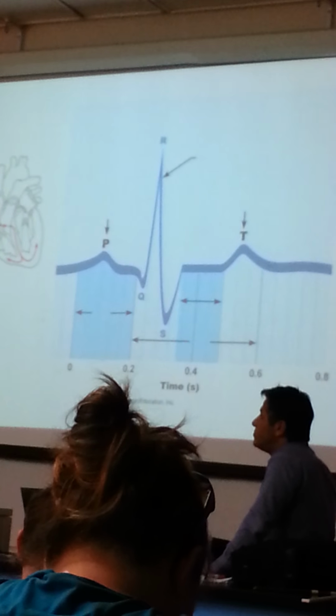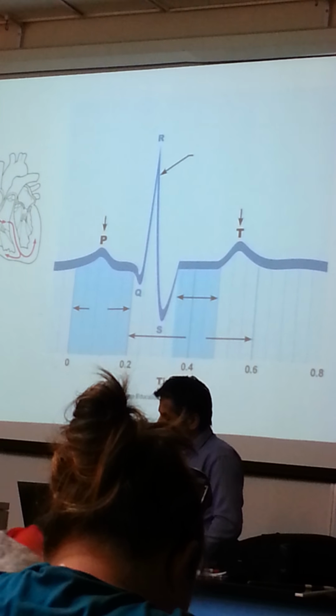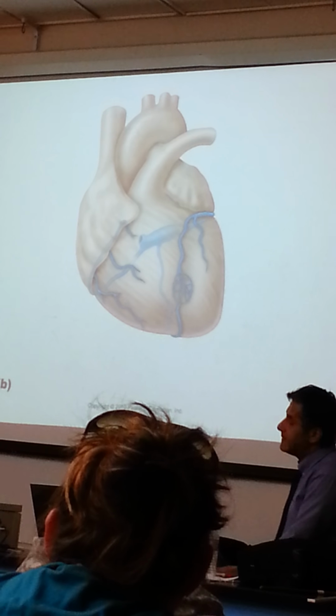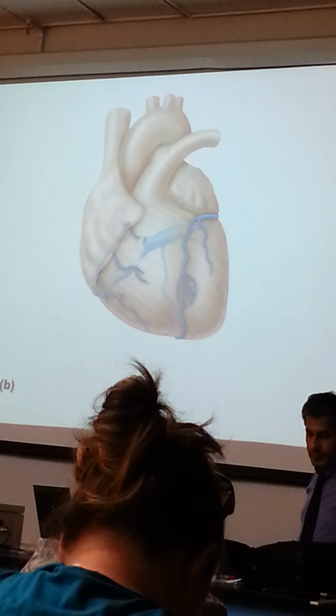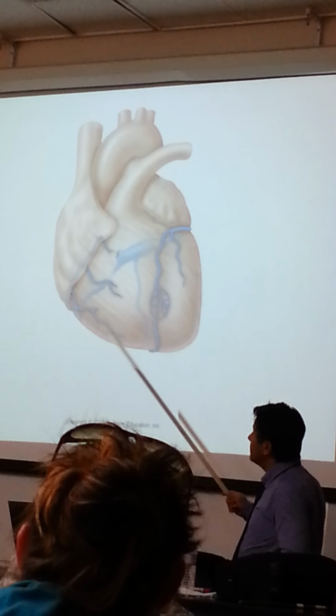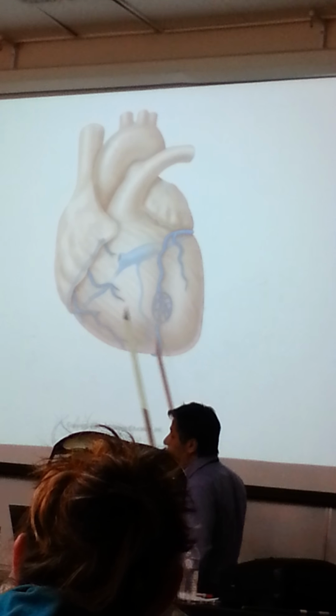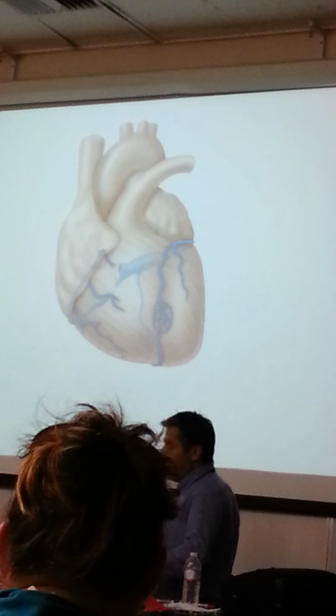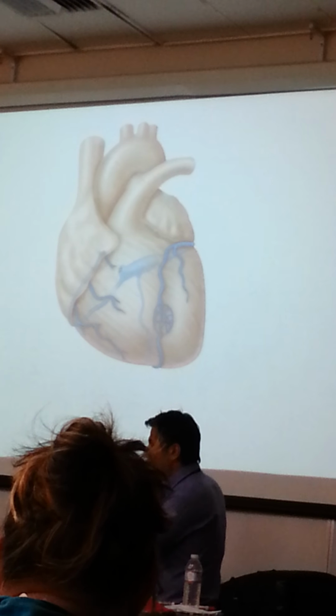QRS represents. T represents. What is this? A heart. Coronary sinus. Where does it drain to? To the right atrium.